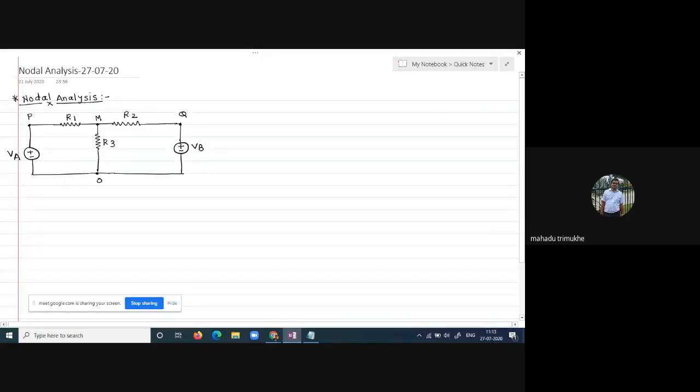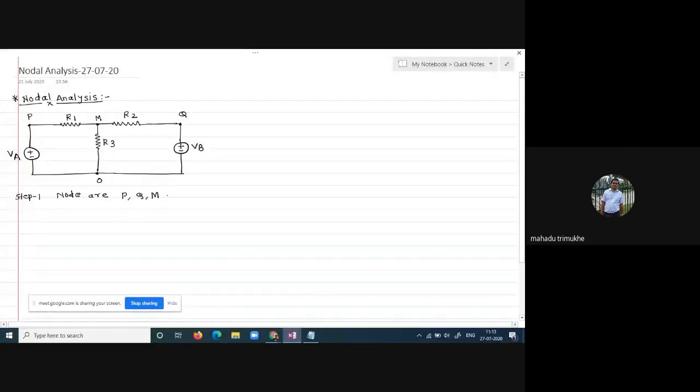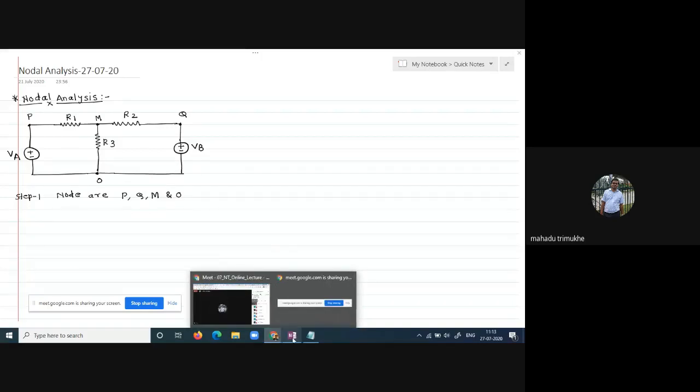So step number one is what? What are the different nodes there? Node R, P, Q, M, and O. These are the nodes available in the present electrical network, right?